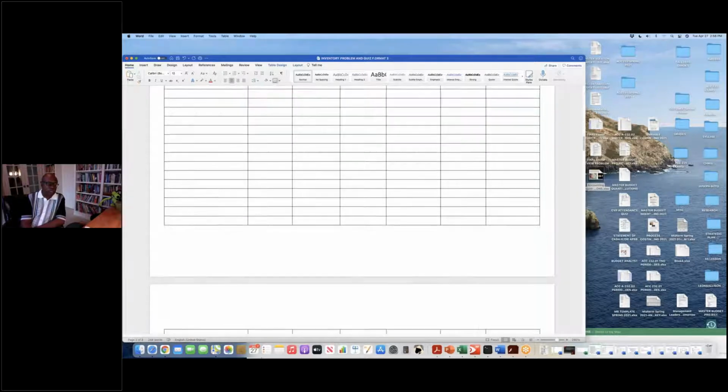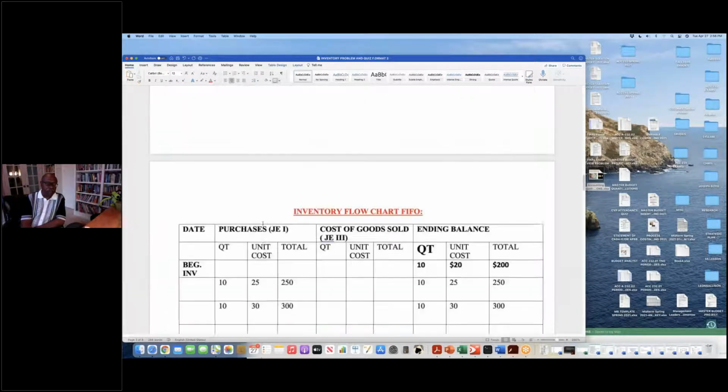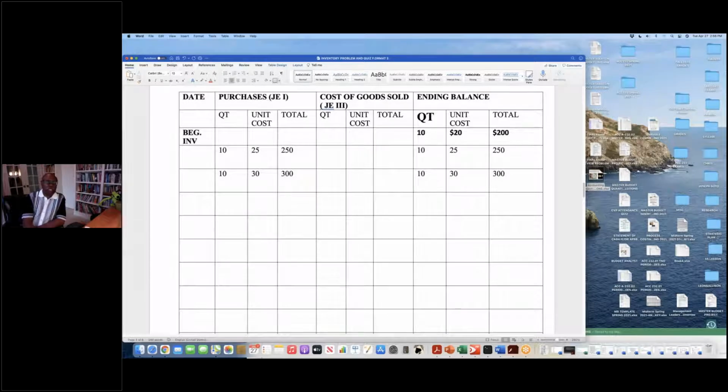This is where the chart comes into play. We're selling 25 items. Since it's FIFO, we're going to sell the old ones first. We're going to copy them, and put them in this middle column because that's where we put sales. So we sold that 10, then we're selling 10 more.